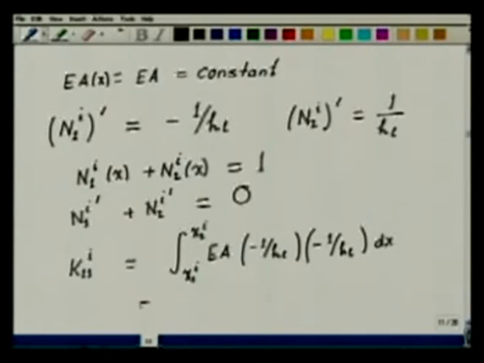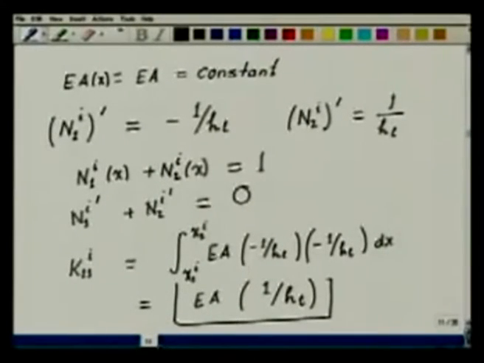So when we integrate, this will be equal to EA into 1 by HL squared into x2i minus x1i. But what is x2i minus x1i? It is equal to HL. So this will be equal to EA into 1 by HL. So the k11i came out to be EA by HL.